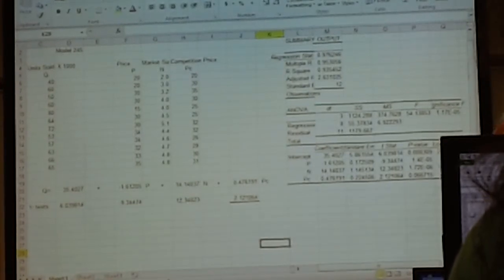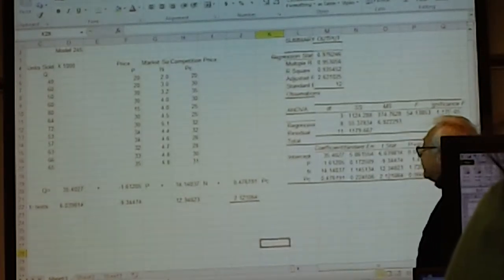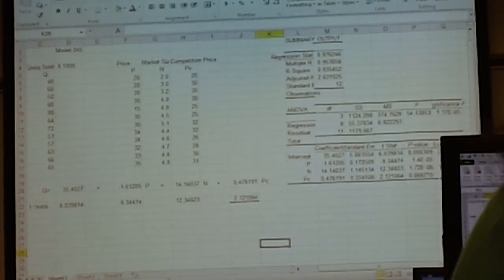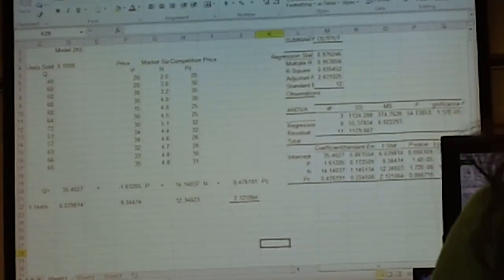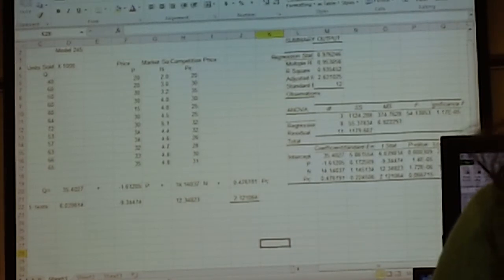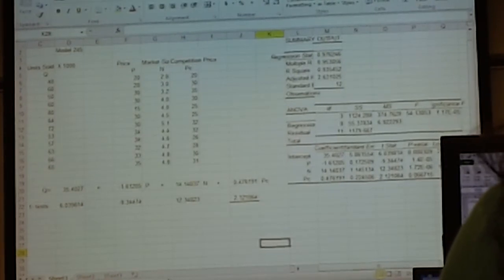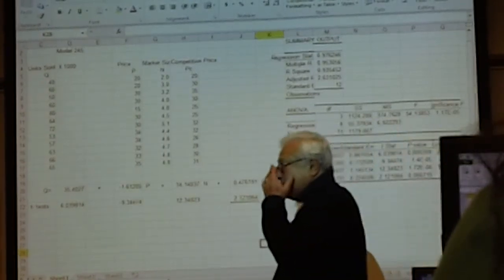The next one is 12. Way to the right, we reject H0, and we're happy it's not equal to 0. All right? And the last one is 2.12. It's to the right of 2, barely to the right, but we still accept it. We'll take it. So we satisfy in all cases that we have coefficients that are significantly, from a statistical point of view, different from 0.